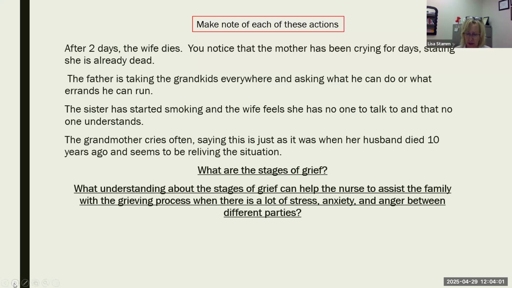We've kind of talked our way through it, but it's something good to keep in the back of your mind, that most likely you will be faced with situations like this, and you've got to be able to walk your patient through this and to assist their family. Absolutely. Everyone's at a different spot.